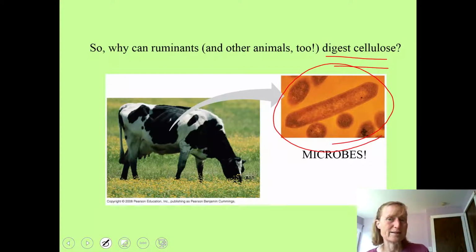The bacteria have a home, but the cows also benefit because the bacteria break down cellulose. It's hard work breaking down cellulose, but cows can do it because of their gut symbionts, if you will.